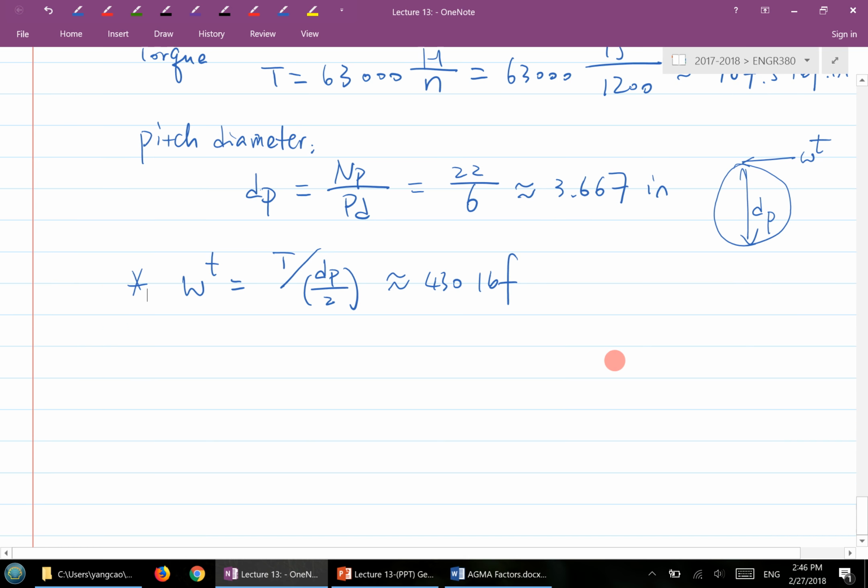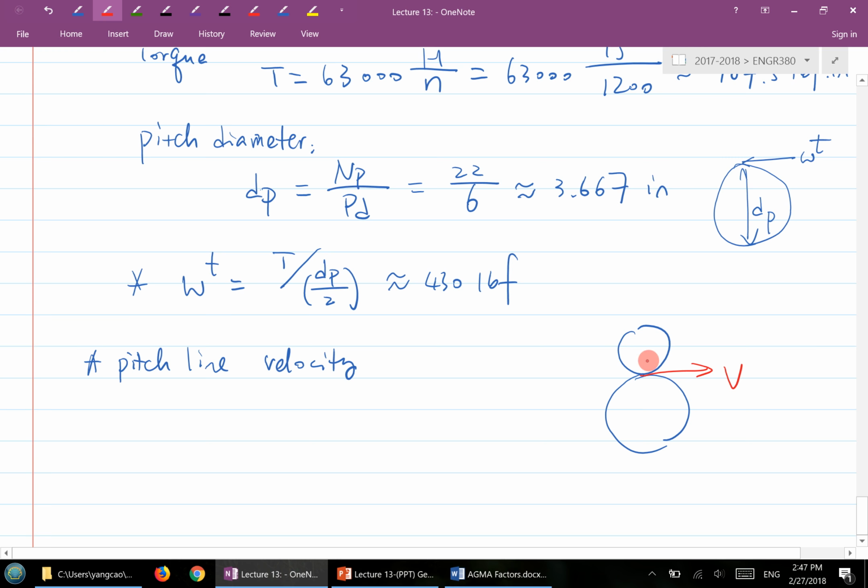All right, once we figure out the WT, we have one more parameter we need to figure out, which is the so-called pitch line velocity. Pitch line velocity refers to the velocity tangent at the pitch point.